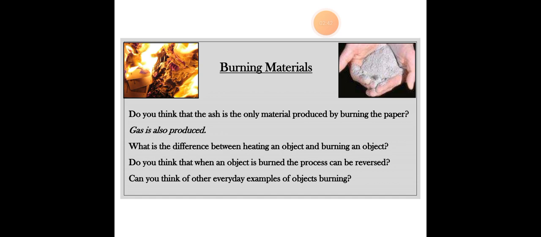The actual meaning of this question is, what do you say about whether a burned object can be reversed? No. The burning of an object is generally considered an irreversible process. This is because burning involves a chemical reaction where new substances are formed, and these new substances cannot be easily converted back into the original material.